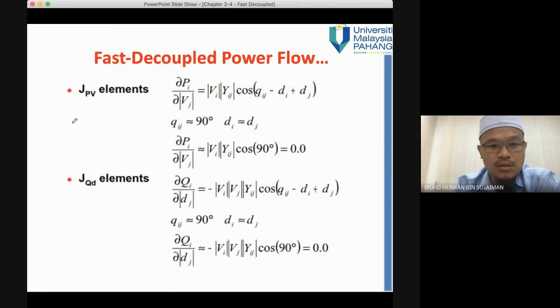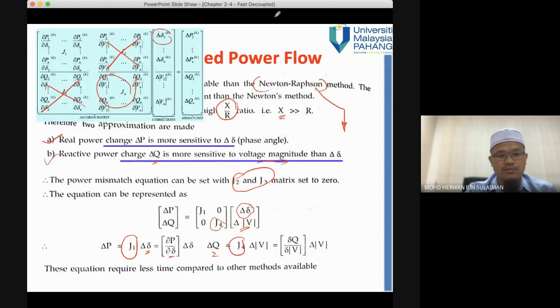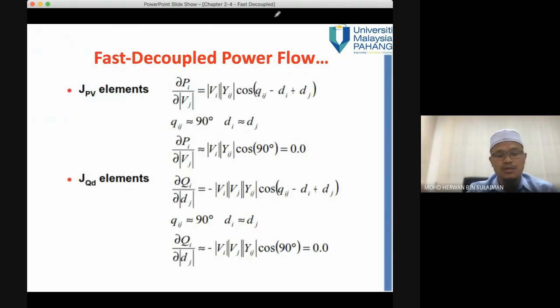So remember back when we have the J2 elements, kenapa ini dah dibuktikan kenapa kita boleh assume J2 and J3 kosong. So J2 ni maknanya your P with respect to V, you do the partial derivation of P with respect to V, and then as we refer back the previous one, in the Newton Raphson, you basically dapat cos something lah.